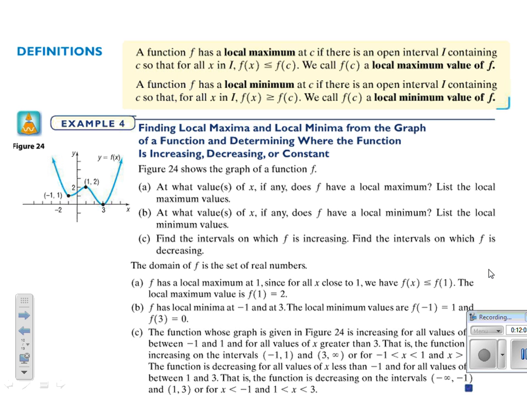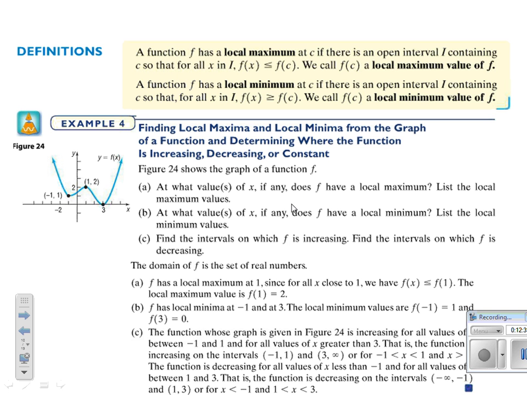It's kind of like a little hill in your function. So it's right at the top of that hill. That's your local max. And a function has a local minimum at c if on the open interval, for all x in our interval, f of x is bigger than or equal to f of c. So that's like a little valley on your graph. That little valley is going to be your local minimum. So all of your function values on your interval are going to be bigger than your local min.